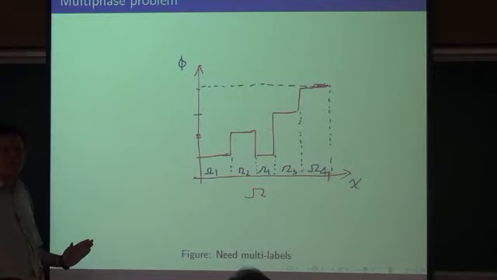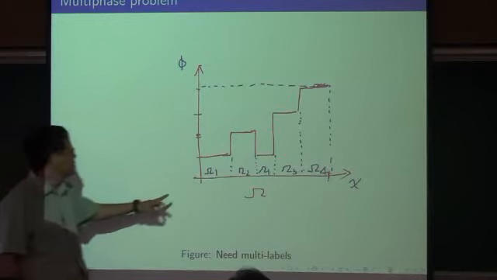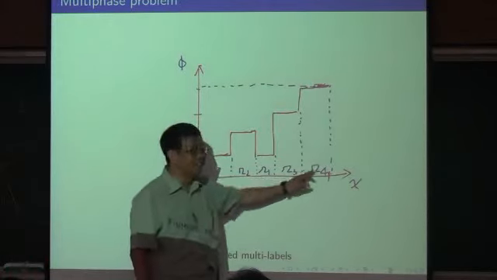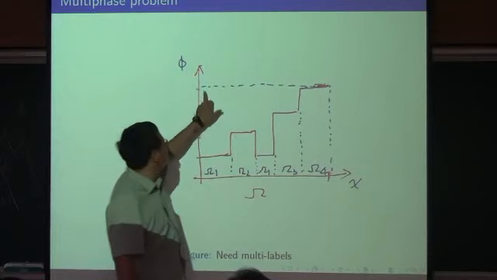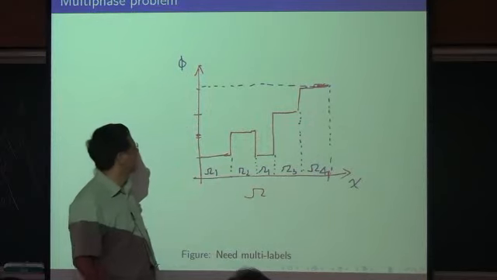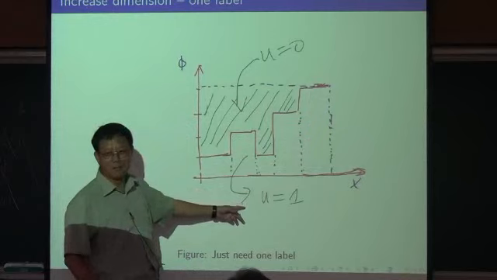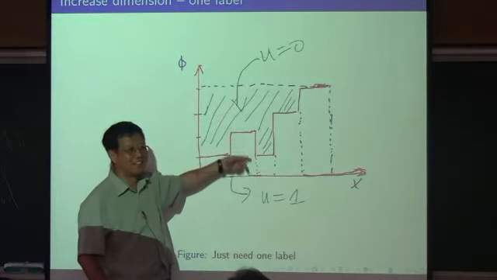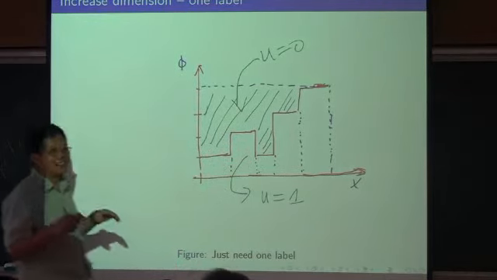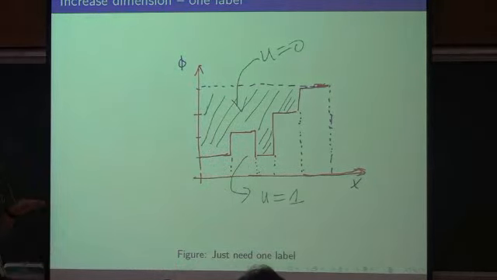However, at the levels I did, you increase the dimension by 1. So I don't segment over here. I increase the dimension by 1, and then I segment in this region, and just 2 labels are enough. So here u equals 0, here u equals 1. Therefore, in your original dimension it is a multiphase problem, but if you increase the dimension by 1, it becomes a 2-phase problem.